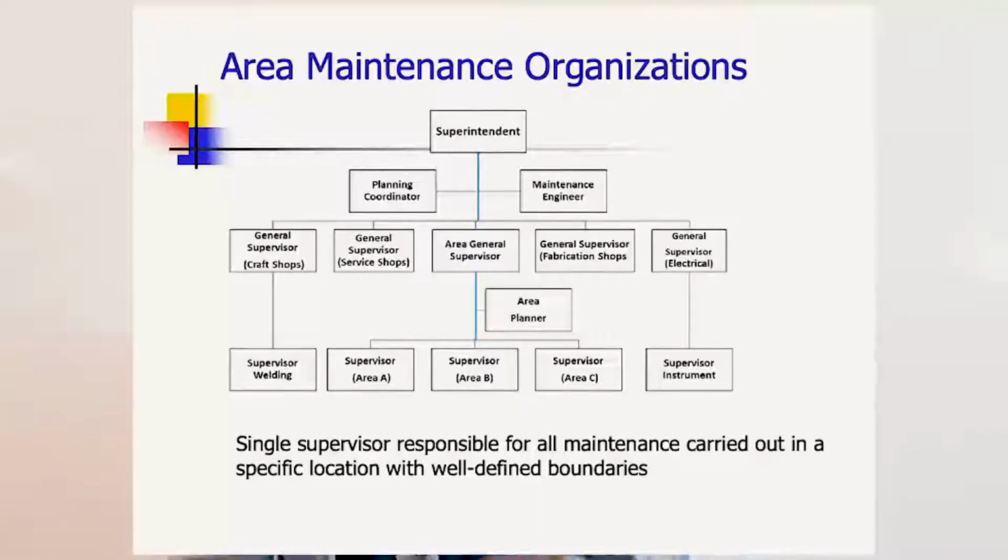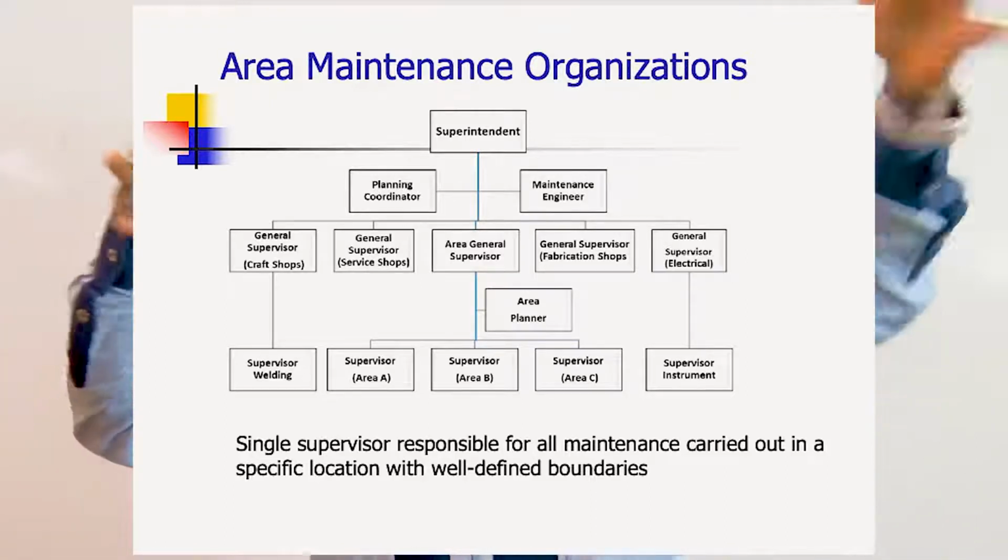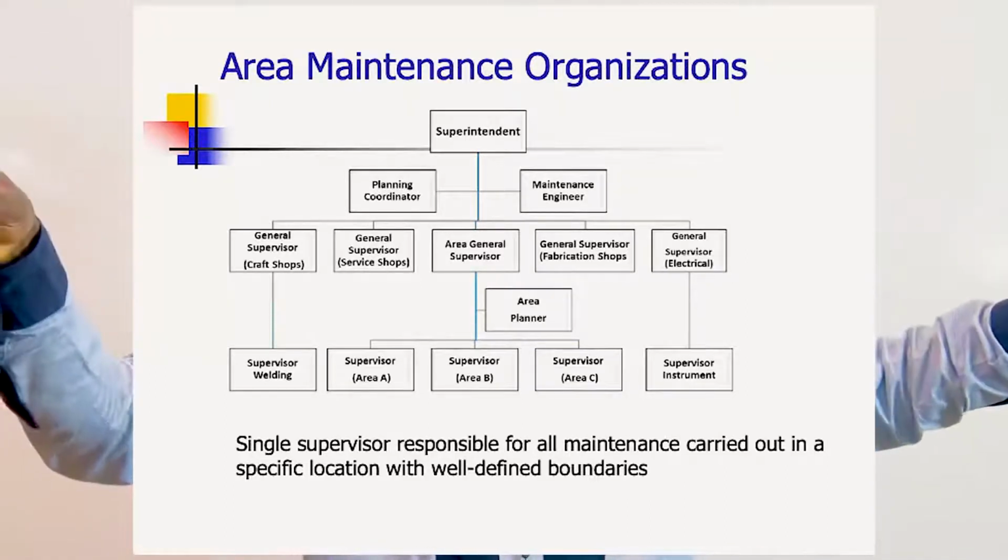The next one is the area maintenance organization. Here we have a single supervisor that is responsible for all maintenance carried out in a specific location with well-defined boundaries. This comes into play, for instance, where the factory or the industry has different plants in different locations. Maybe you have one at, let's say, Agbara, another at Badagry, another at Ikeja, another at Ibadan, and so on.